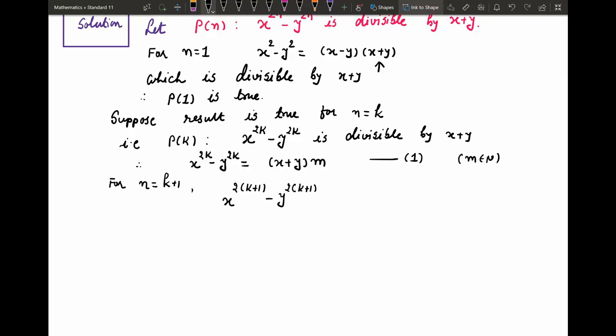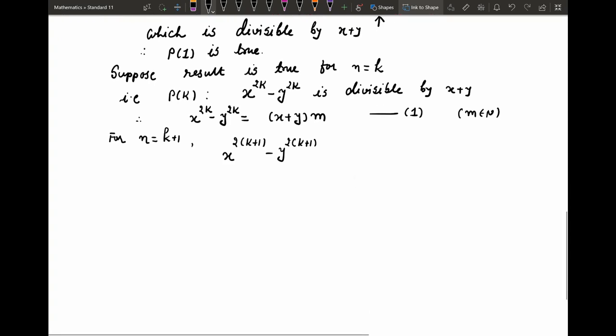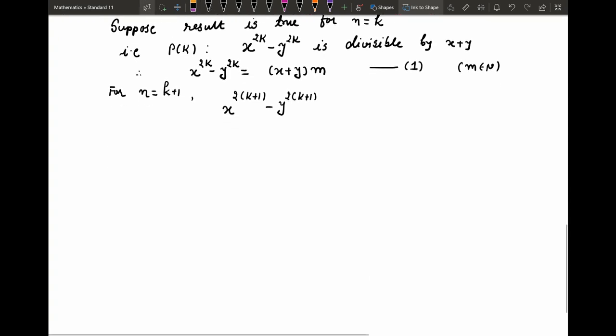So when we simplify this, we have to show that this equation is divisible by x plus y. So in this equation x plus y must be a factor, so that one can say that this quantity is divisible by x plus y.